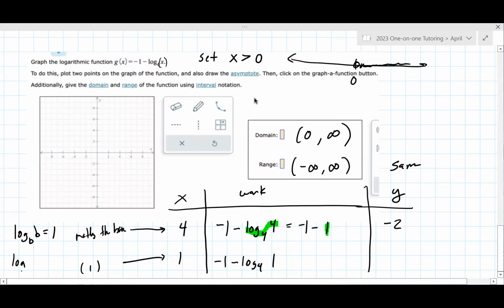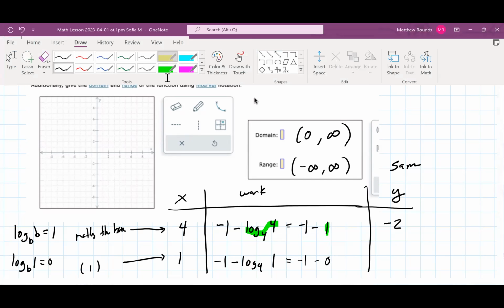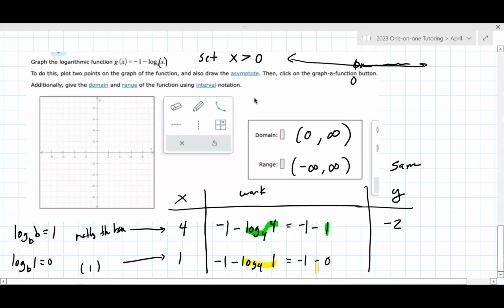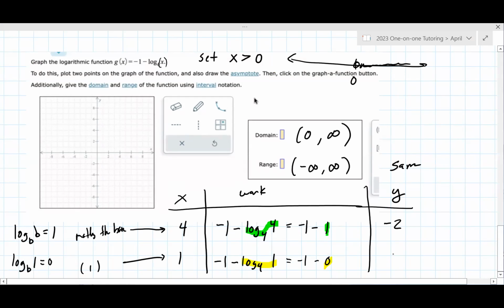Log of 1, no matter the base, is always 0. So this becomes -1 minus 0. If you choose any other numbers, you don't get anything that works nicely, and you won't be able to answer the problem correctly. Thankfully, this one just asks for 2 points. There are your 2 points, (4, -2) and (1, -1).